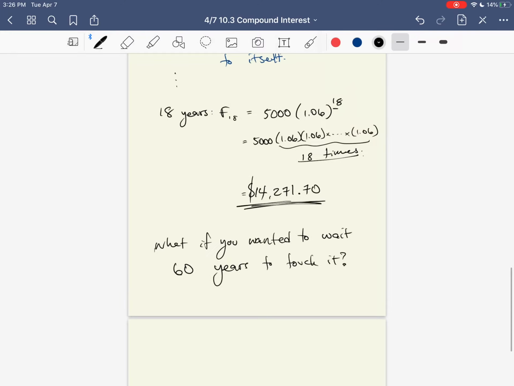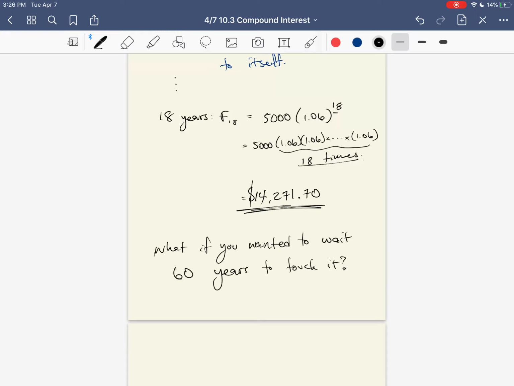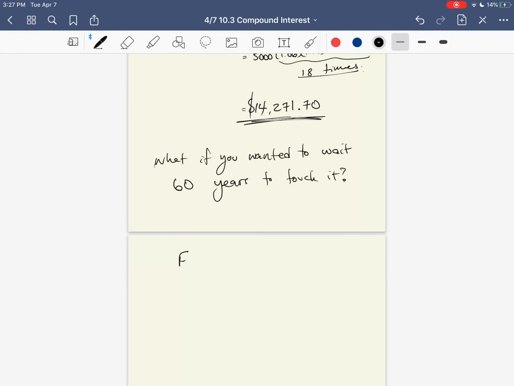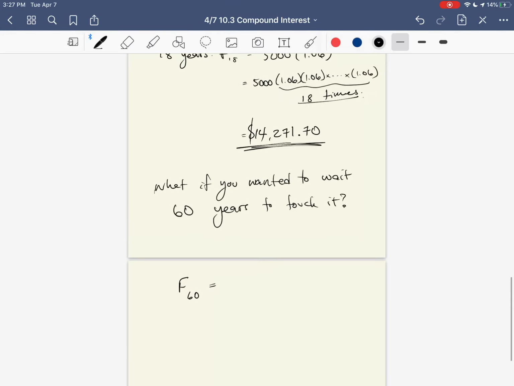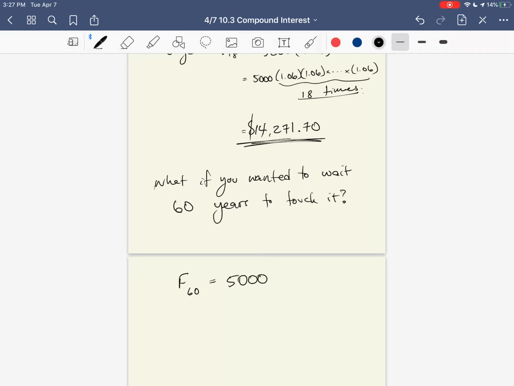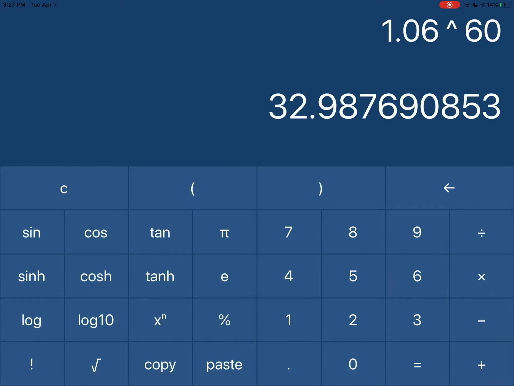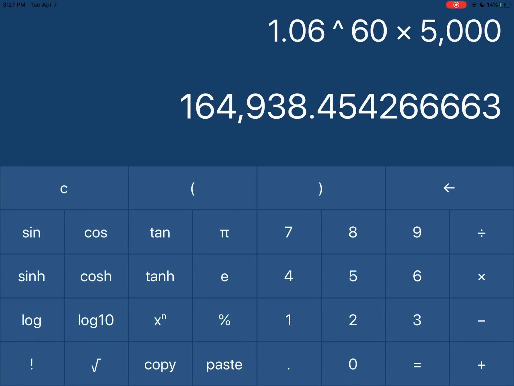Well, now we just do the same thing that we were doing before, except instead of raising it to the 18th power, we'll raise 1.06 to the 60th power. So then F sub 60, the amount after 60 years, is going to be 5,000 multiplied by 1.06 to the 60th power. And when we do that here, 1.06 to the 60th power, and we'll multiply that by the $5,000 that was principal.